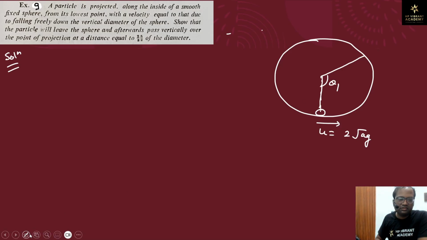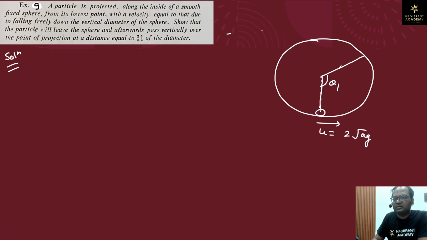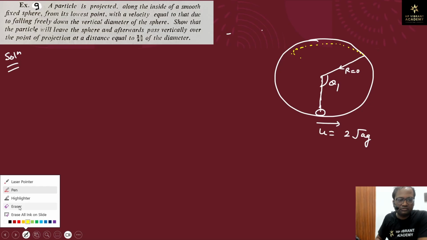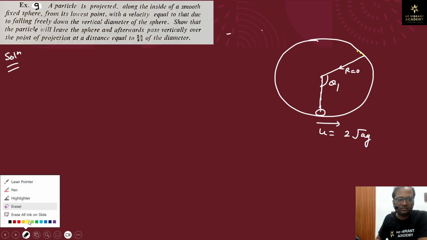The reaction becomes 0 here at the angle theta 1. After that it will follow a parabolic path like this. As per the question, it will pass vertically over the point of projection, so it will follow a path like this.